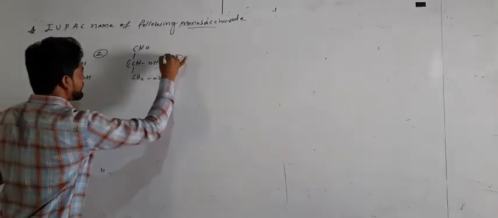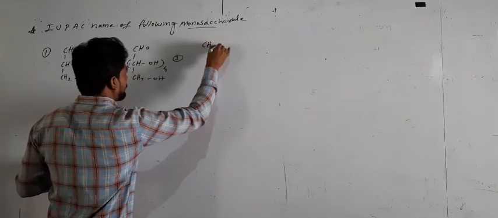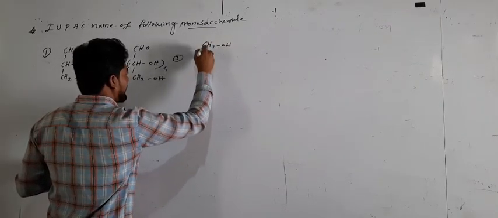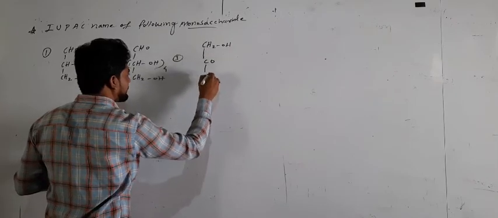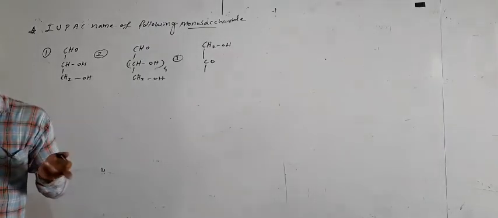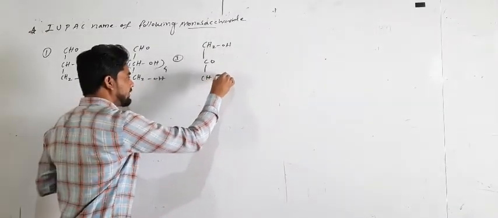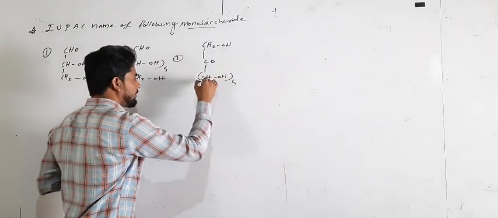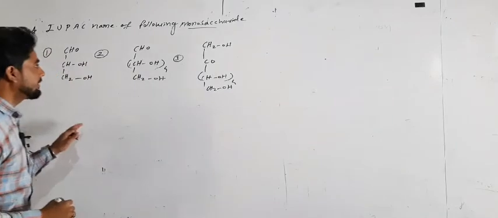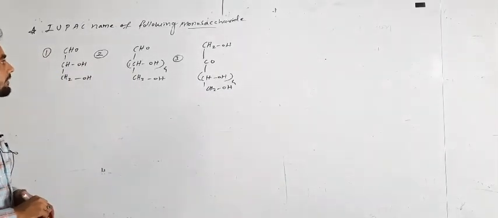Number third: CH2OH attached to CO directly between the carbons, and this CO is attached to CHOH by 4 and then CH2OH. Clear? Now what is the IUPAC name of these three monosaccharides?